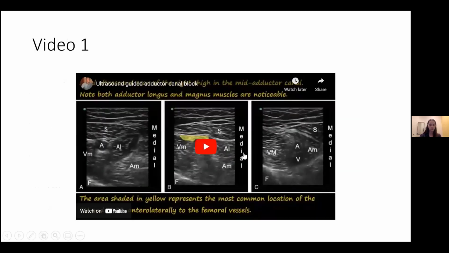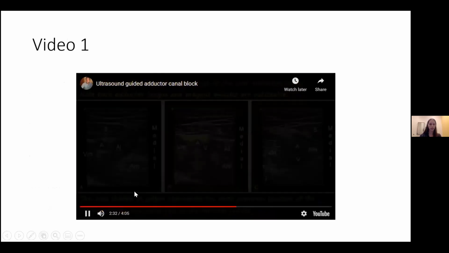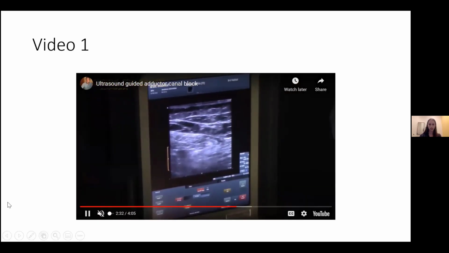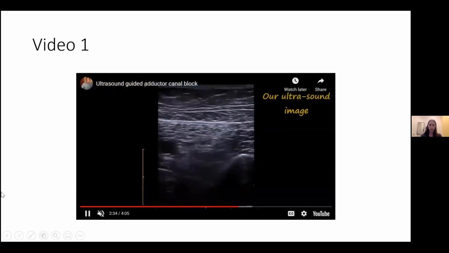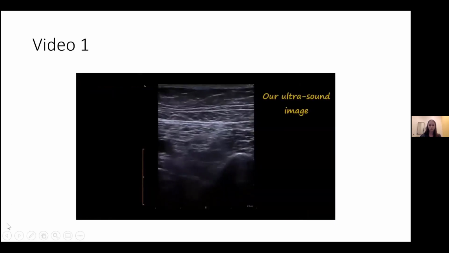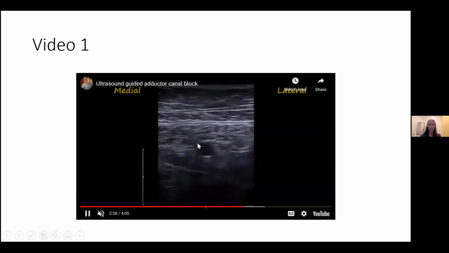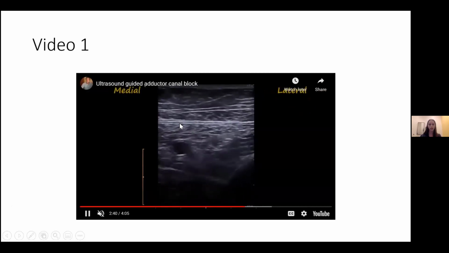So this is the first video, and it shows what I think is a pretty good example of all the different anatomy you need to see, and then what good local anesthetic spread looks like. So in this case, they are really right in the middle of the sartorius muscle with the artery right underneath.